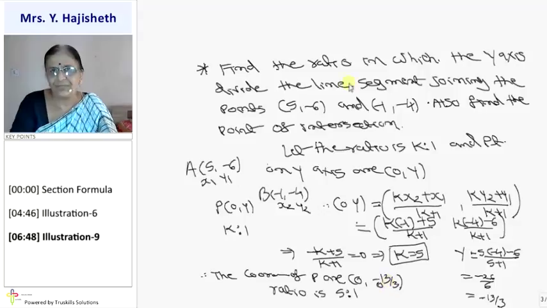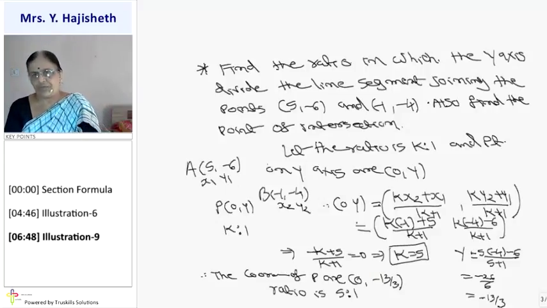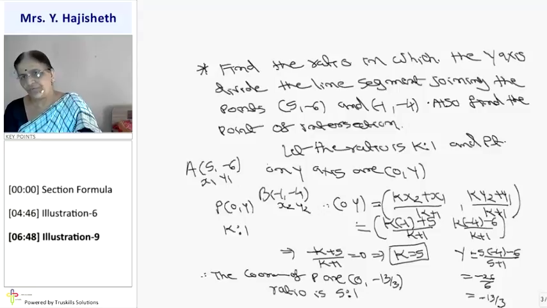Clear? Ratio is 5:1 and coordinates of P are (0, minus 13 by 3). Are you clear how to do it?